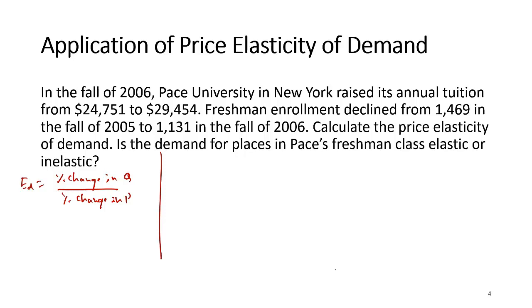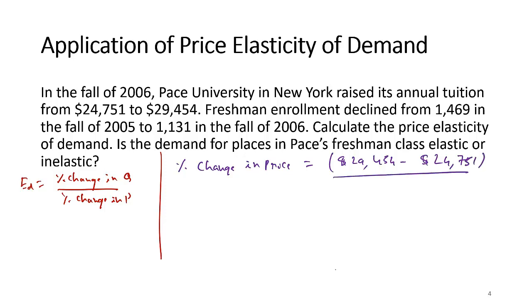So first we'll calculate the percentage change in price, which we all know is new minus old over old times 100. So what is the new price? New price is 29,454. What's the old price? Old price is 24,751, and you divide by the old price, 24,751, times 100, that gives you 0.19.